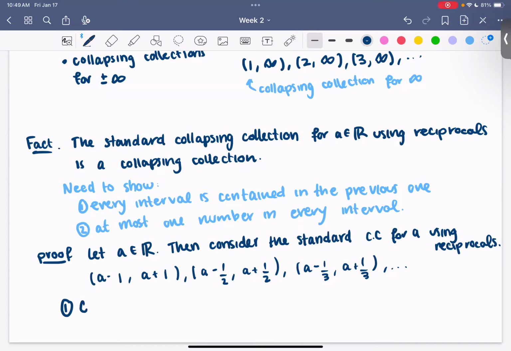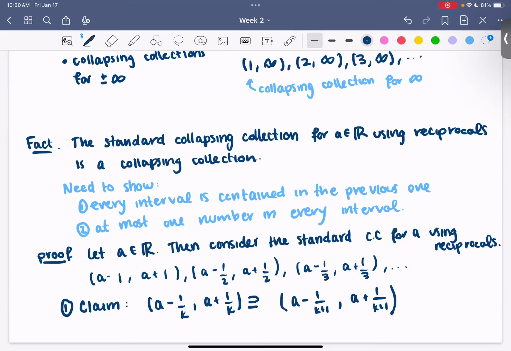Our claim is that the kth interval was a minus 1 over k to a plus 1 over k. And the next interval was a minus 1 over k plus 1 up to a plus 1 over k plus 1. Those are the two intervals that we're comparing, and we're saying that the k plus 1th one is contained in the kth one.